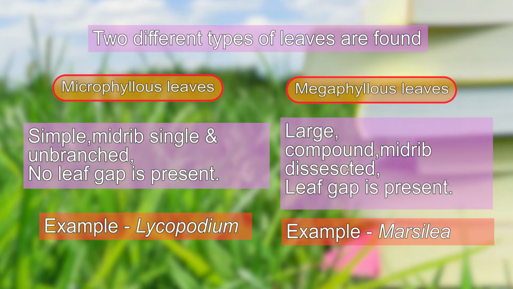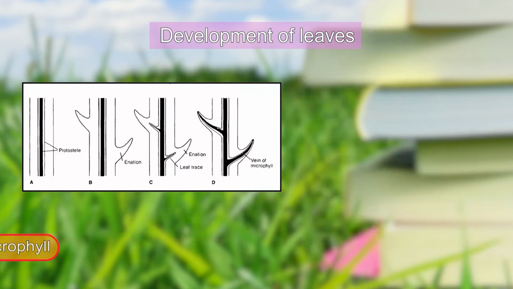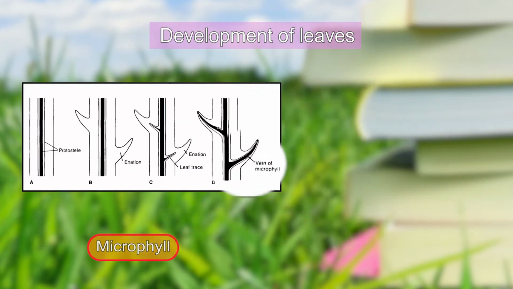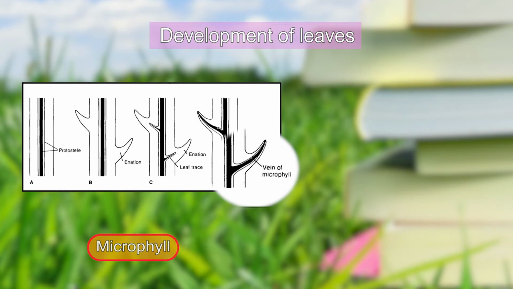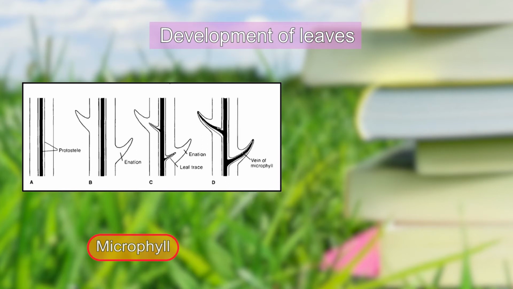In the first picture, you can see how these microphyllous leaves are formed from the naked central axis. So this is according to the enation theory.